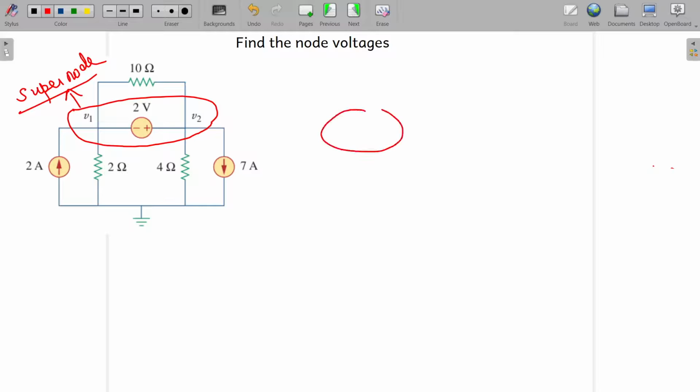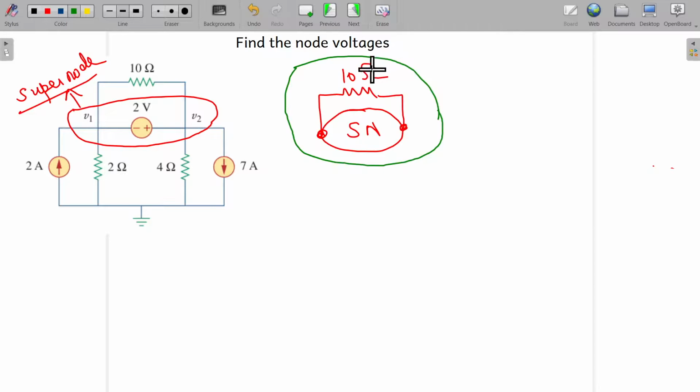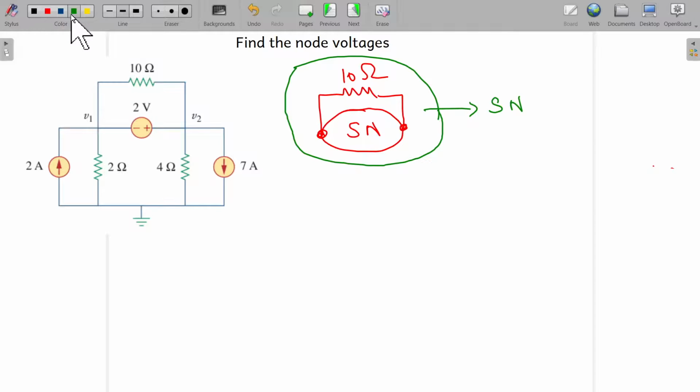Once you form the supernode like this, then you can realize that this 10 ohm resistance is in parallel with this supernode. In this case, you have to combine these two together or enclose these two together and now name it as a supernode. So we need to do the modification here.